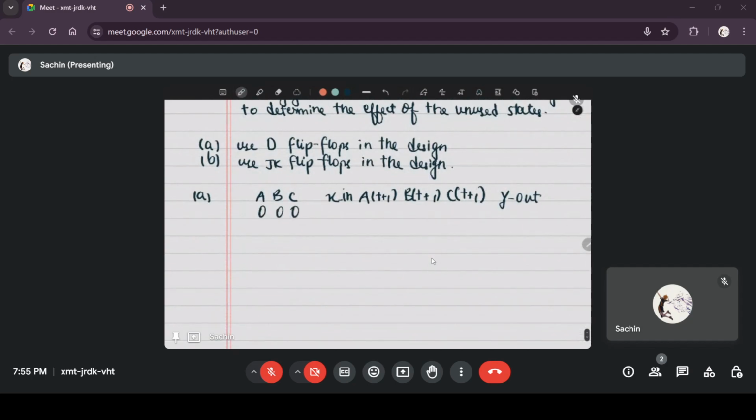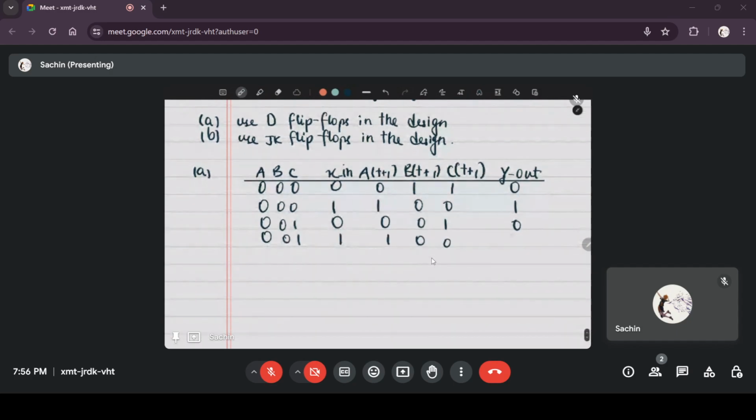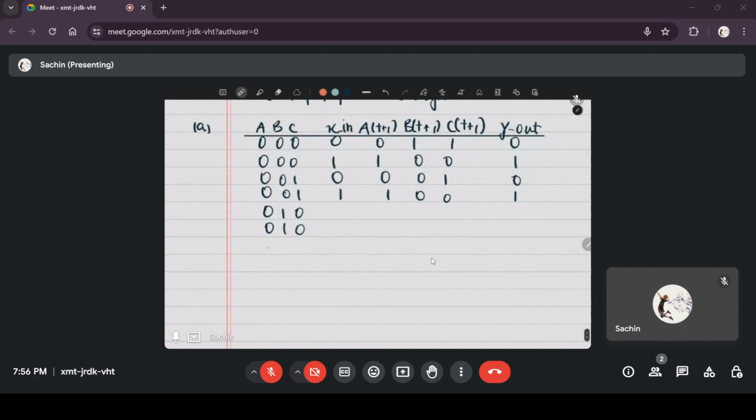So 000 will go to 011 with output 0. 000 for input 1 will go to 100 with output 1. 001 for input 0 will go to 001 itself with output 0. And if the input is 1, it will go to 100 with output 1. State 010, 011, 100. Those are the only valid states.